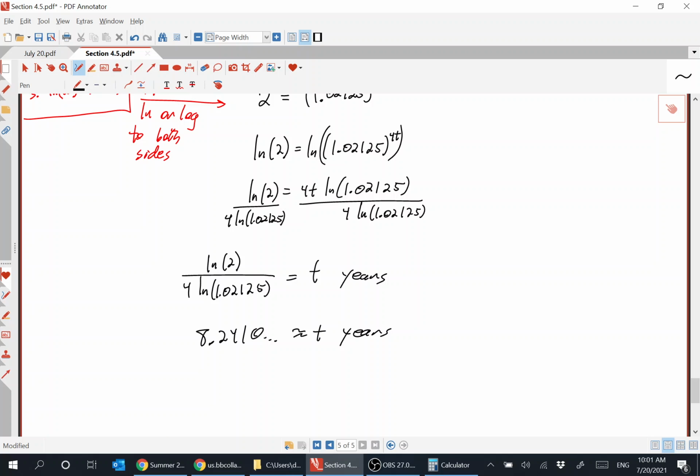Okay, so let's do a half-life problem. Here's one. This is actually in section 4.6.